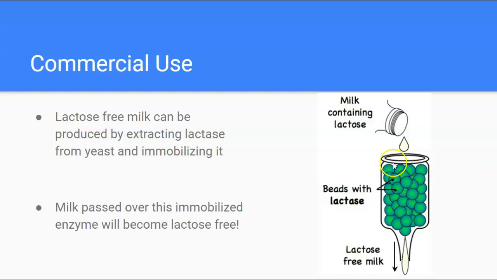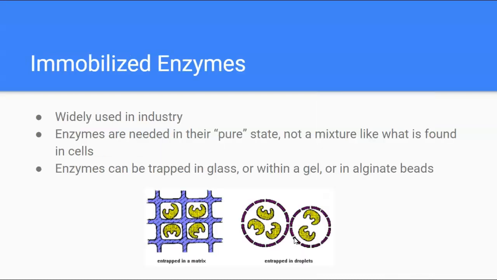It's just the enzyme, and you pour milk containing lactose over it, and what happens is the enzymes break down the lactose, and then you end up with lactose-free milk at the end. It's pretty interesting because separating these into a pure environment is relatively new, but it's pretty well used now.